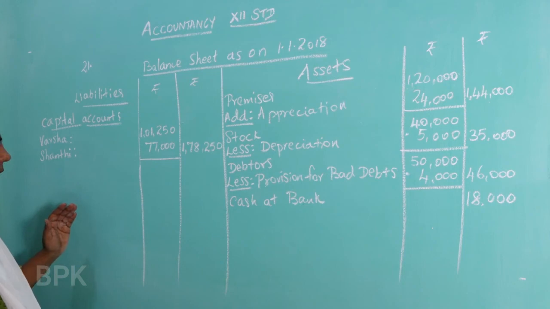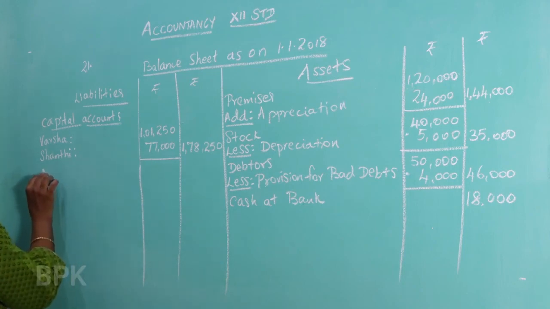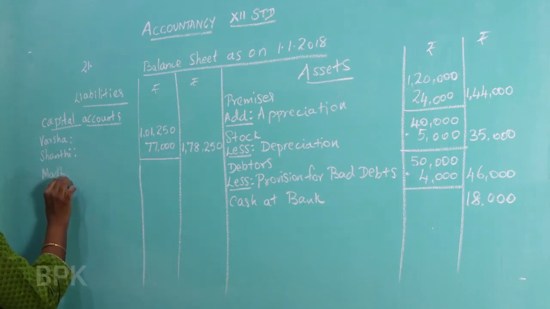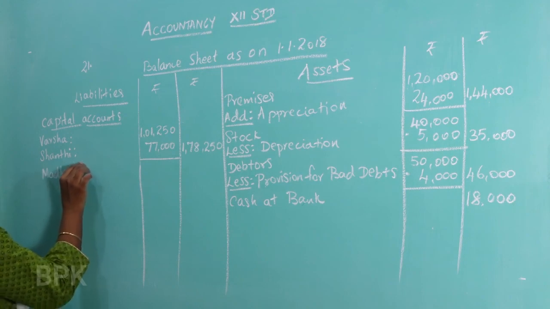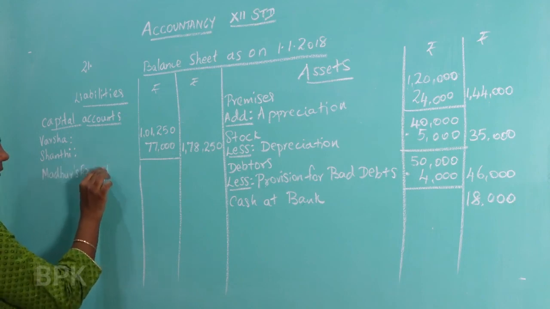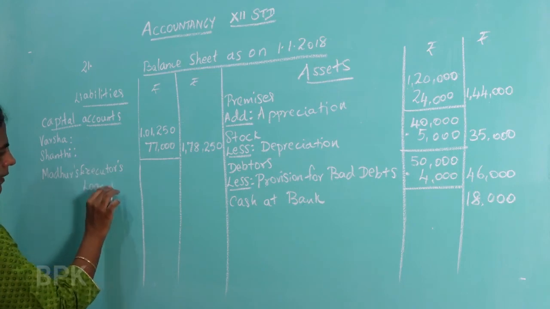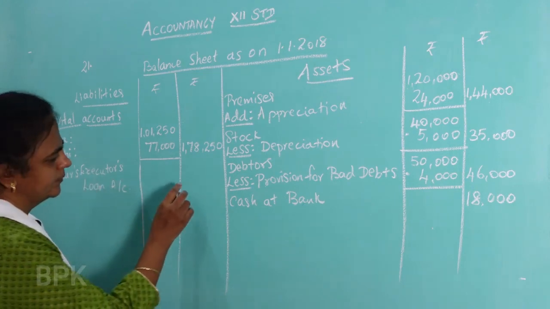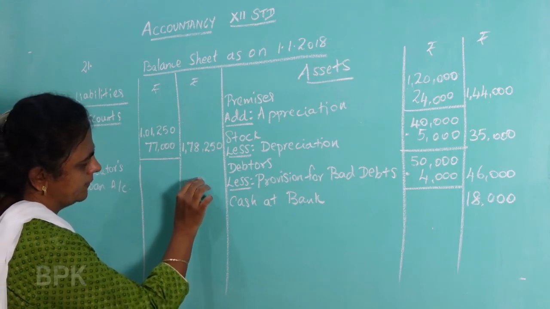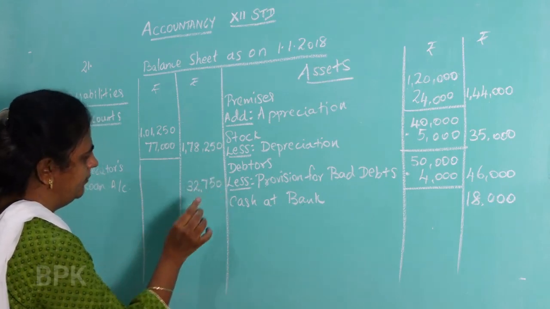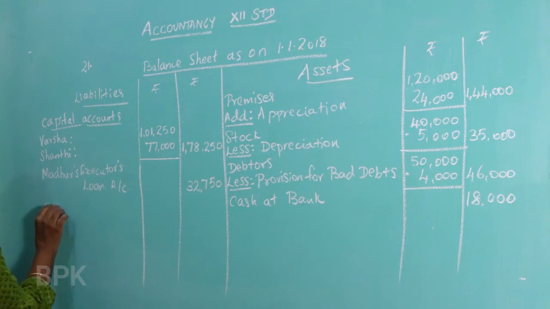The deceased partner Madhuri is not paid, so that money is transferred to Madhuri's executor's loan account. So that also you bring it here. Madhuri's executor's loan account, 32,750. Then finally creditors. No adjustment for creditors. How much creditors?